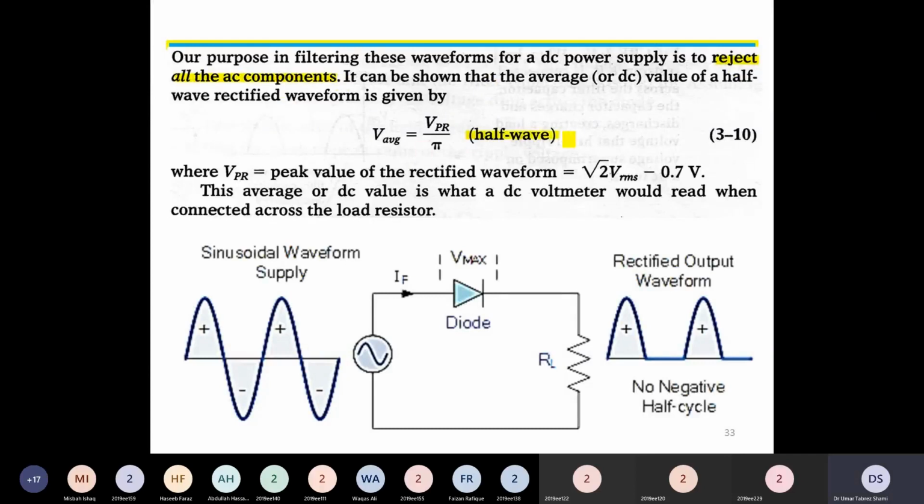This is valid only for a half waveform, where VPR is the peak value of the rectified waveform, and it is equal to root 2 multiplied by the RMS value of the input voltage, minus 0.7 due to the drop. This average or DC value is what a DC voltmeter would read when connected across the load resistor.